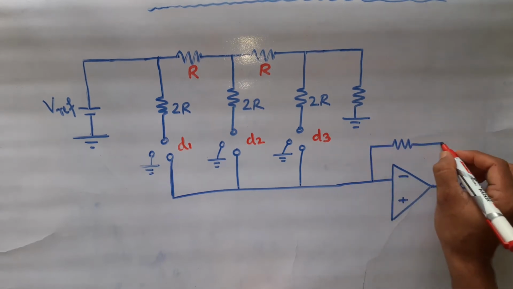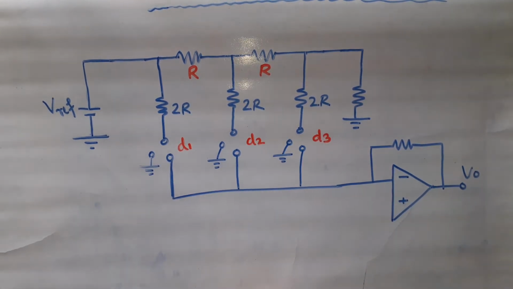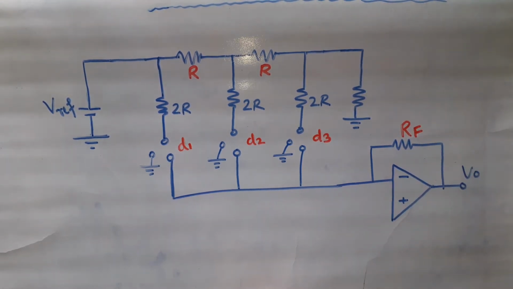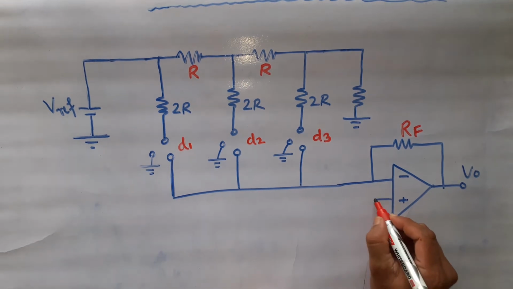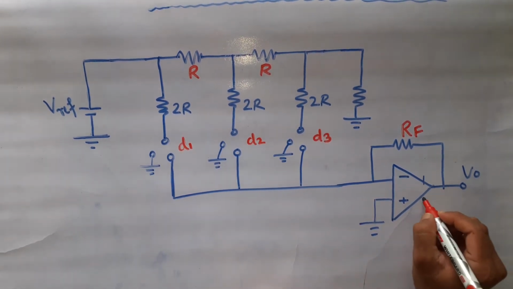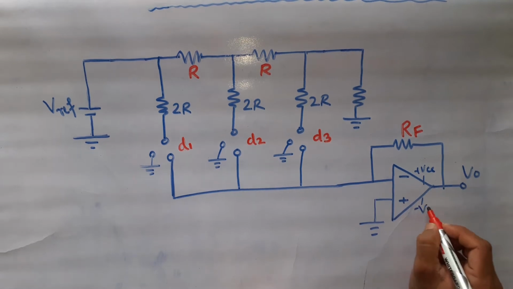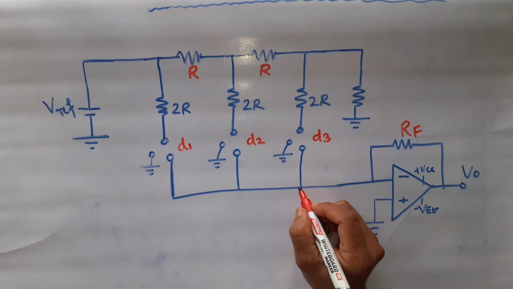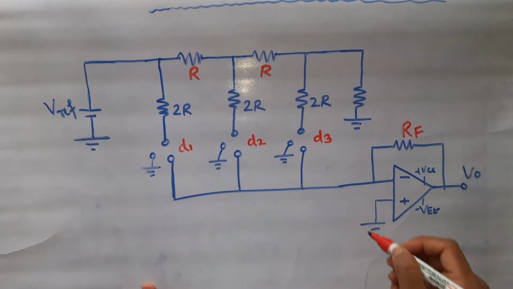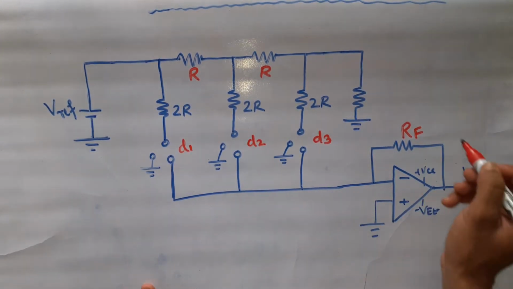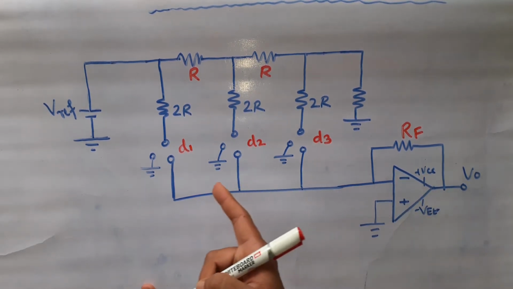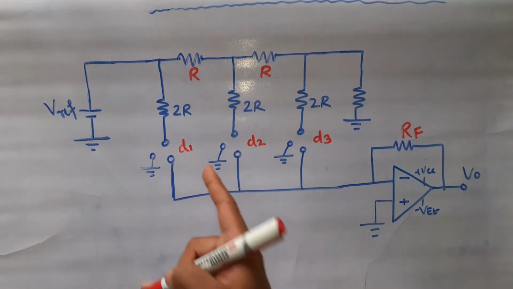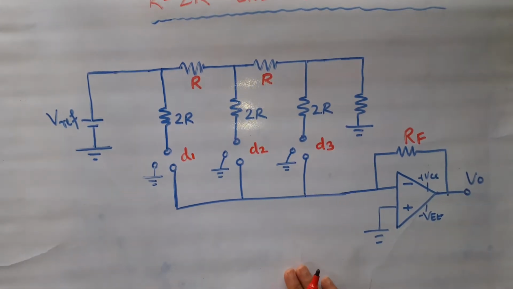You will be having one RF feedback resistance. The non-inverting terminal is grounded. So this op amp circuit is working as a summing amplifier, which is capable of summing these three digital binary inputs D1, D2, D3. So D1, D2, D3 makes it a 3-bit converter.